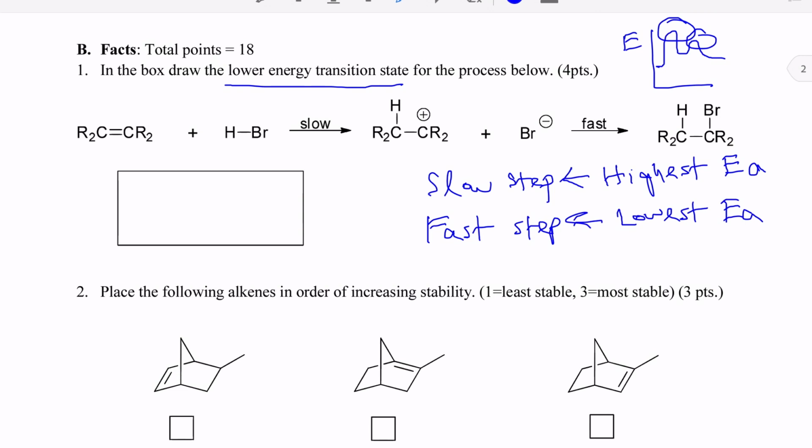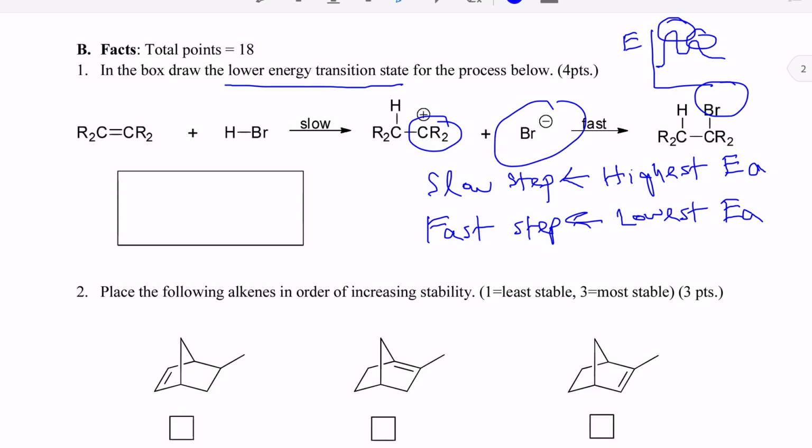And what we can see right away when we look at the final product is that the bromine attacks the tertiary carbocation, and it forms a bromine substituent.